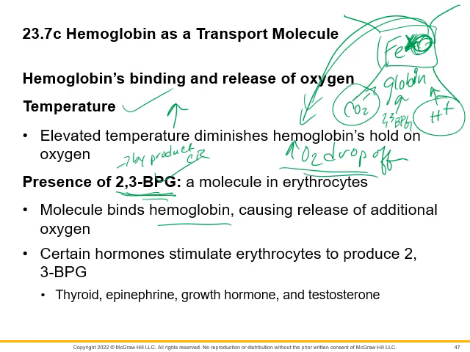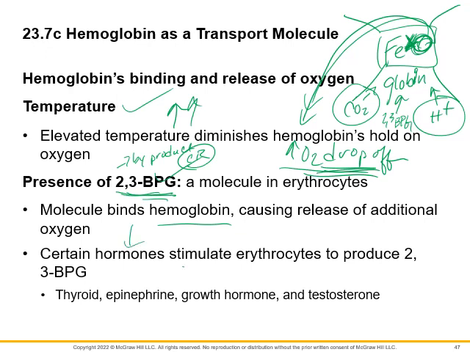We'll have more oxygen dropped off. And that should make sense if we just did a whole bunch of cellular respiration, that facilitates more oxygen drop off. We're at the tissues. Also temperature. Does your temperature elevate when your muscles are working really hard, right? Some of that energy that's transformed gets released as heat.